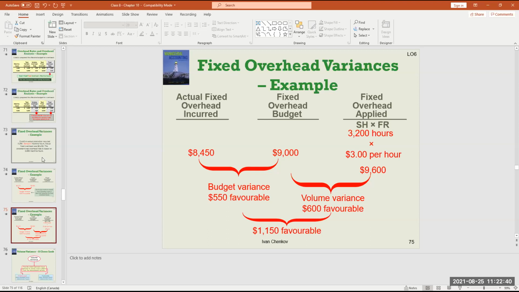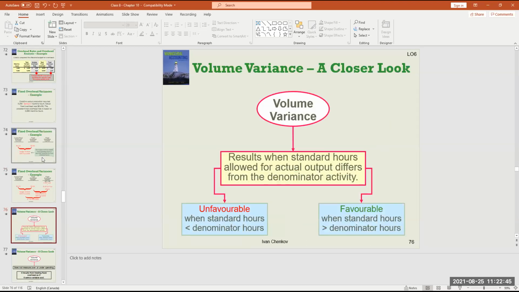What does the volume variance mean in this case? The volume variance is the result when the standard hours allowed for the actual input are different from the denominator activity. Denominator activity is the number that we're using to calculate the predetermined manufacturing overhead. So what does that mean?